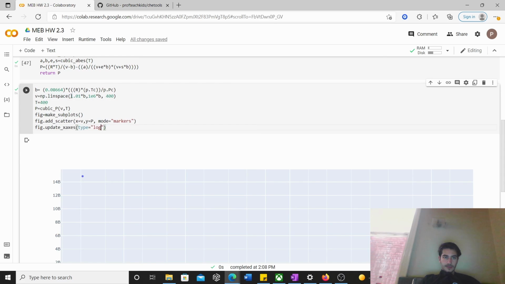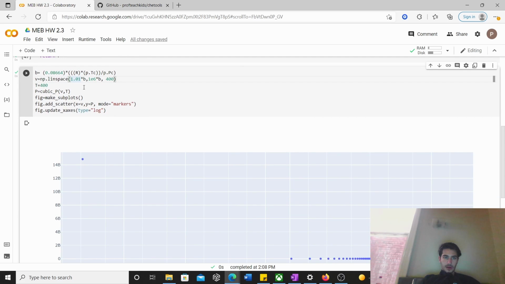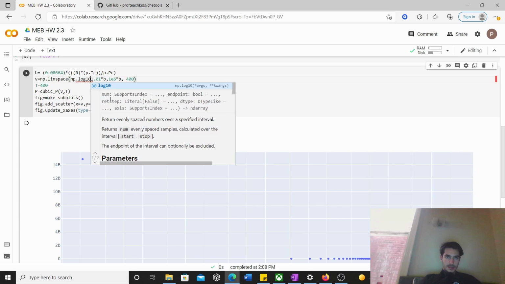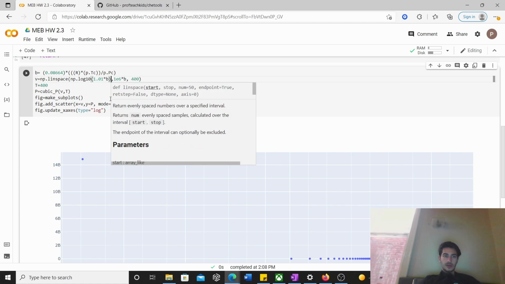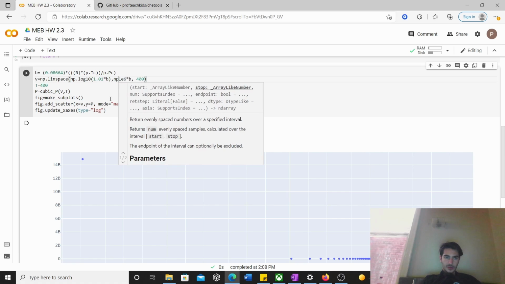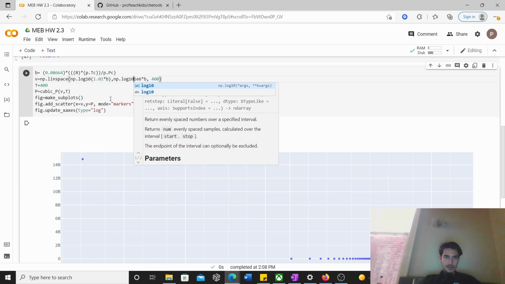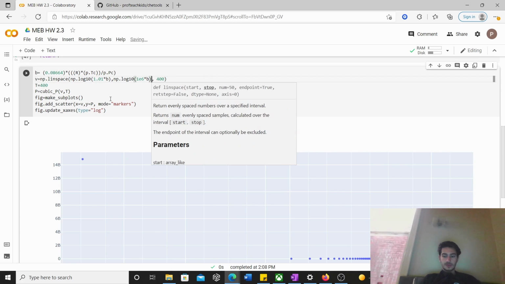Because our beginning and end values remain comparative to the log of 1.01, we're going to use np.log base 10 of this whole thing as the new start, and then it's going to end at np.log base 10 of 1e6 times b.